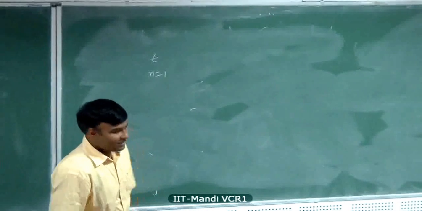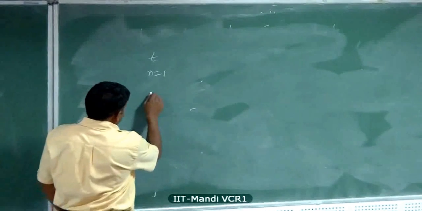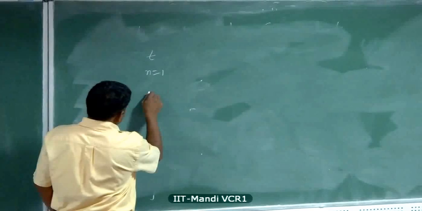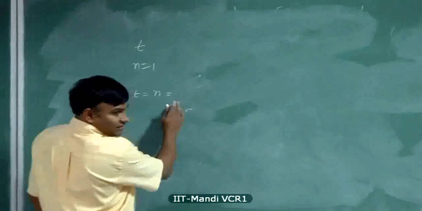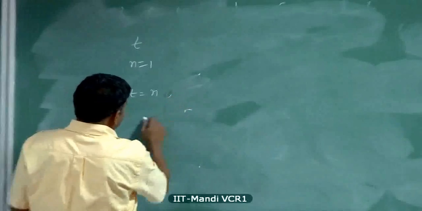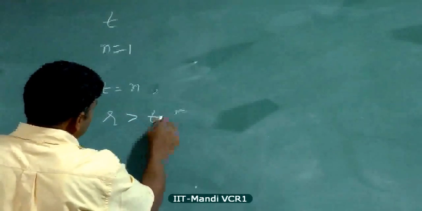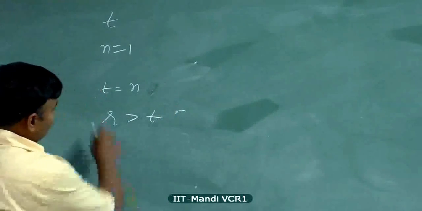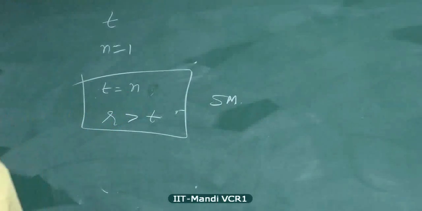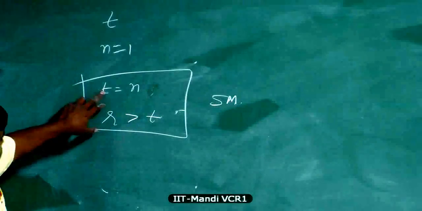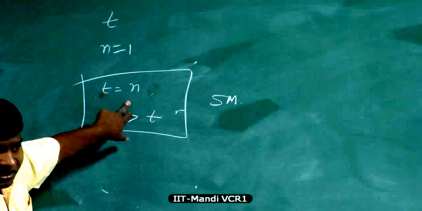But as long as we have T equal to N equal to some number, and you have R receive antennas, R greater than T, then this is called spatial multiplexing. T transmit antennas, and you send T streams.